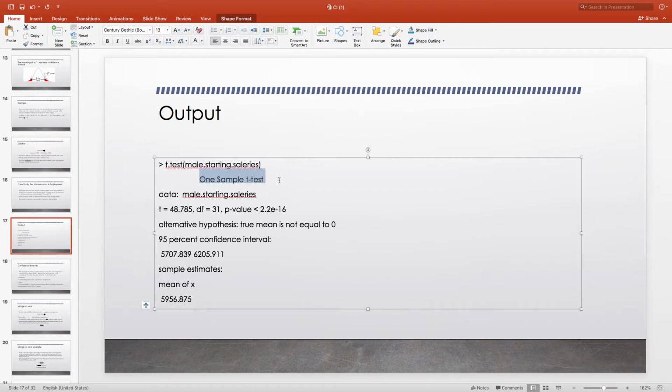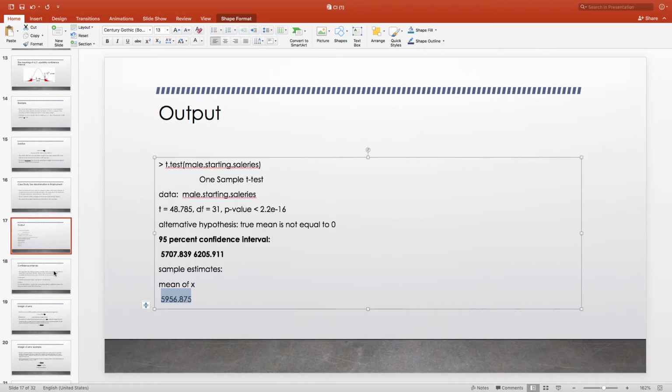This is the one sample t-test, and what it outputs is the 95% confidence interval. I could change that value to be a different confidence level if I wanted, but this is what the confidence interval is. It's 57.07 to 62.05, and it returns to me the average value, the sample mean of the males is 59.56.